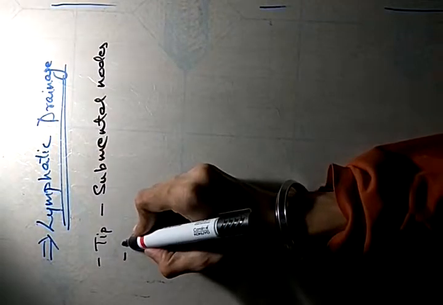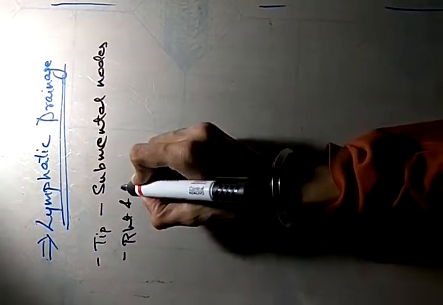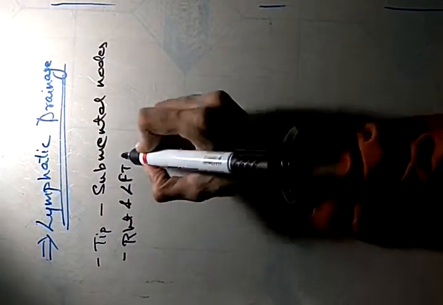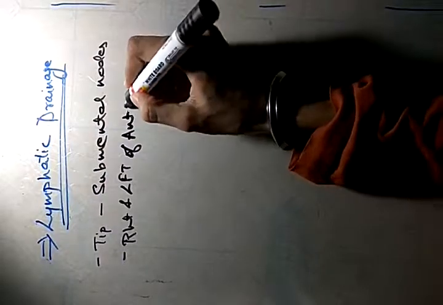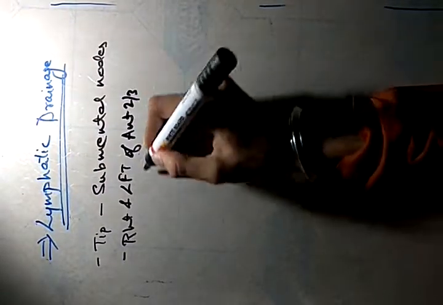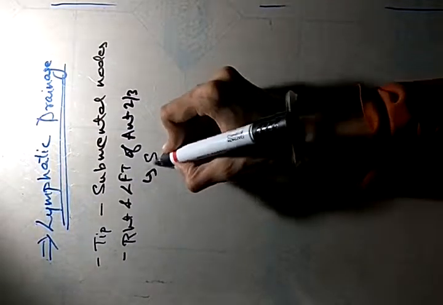Then we have the remaining parts, the right and left parts of the anterior two-third. This portion is drained by submandibular nodes.